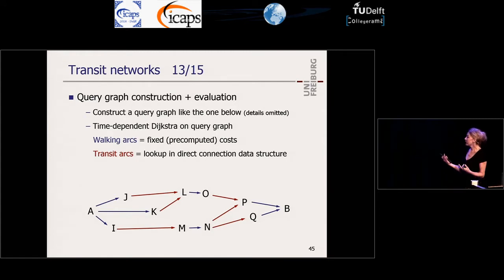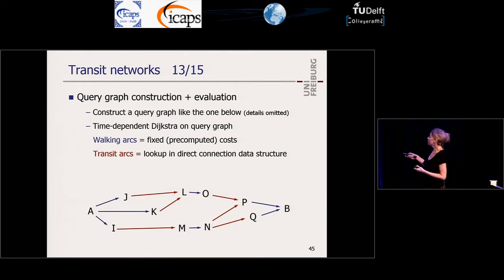So it's again a graph, and I can do Dijkstra again on that graph. And what does the Dijkstra do? Well, it's an ordinary time-dependent Dijkstra, I showed you how it works. Walking arcs, well, they have a fixed time. They are easy to evaluate. And this one doesn't have a number written on it, but I have to look up, right? Okay, I'm now here at a certain time.